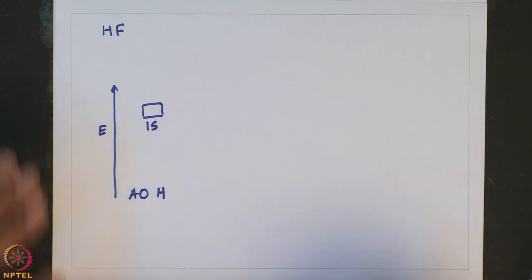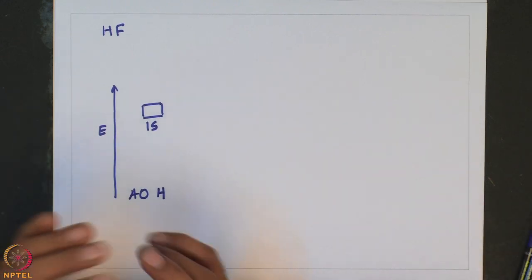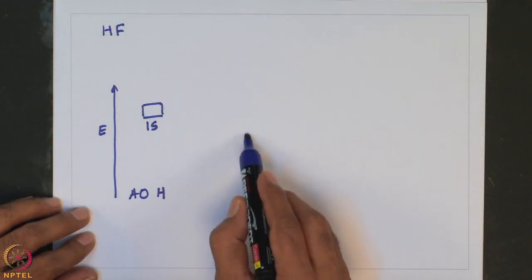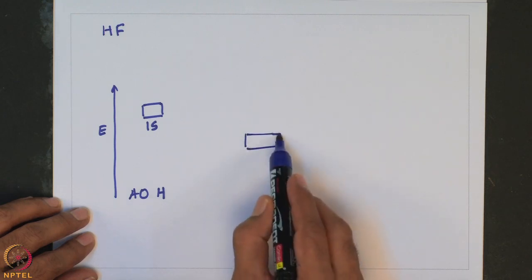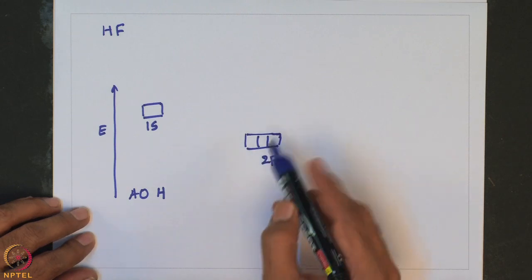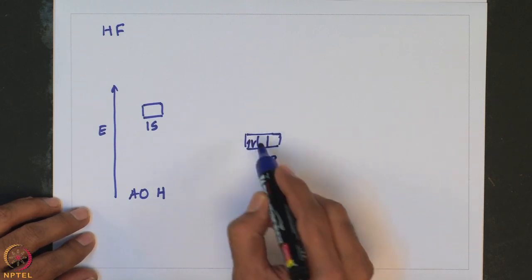Now, if you look into the electronegativity difference between hydrogen and fluorine, there is a remarkable difference. So, the energy of the 2p orbital that is going to combine with the 1s atomic orbital will be much lower in energy. So, this will be somewhere here. So, this is 2p and we have 5 electrons.